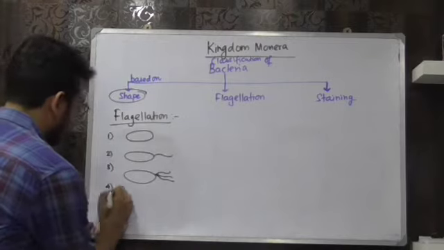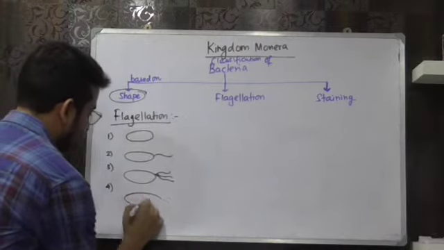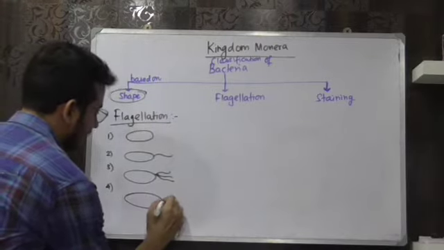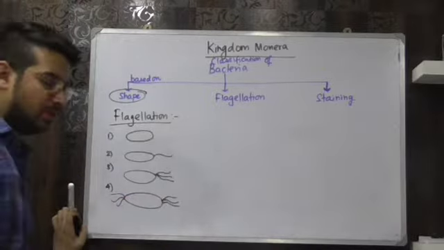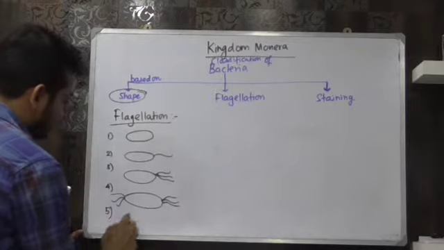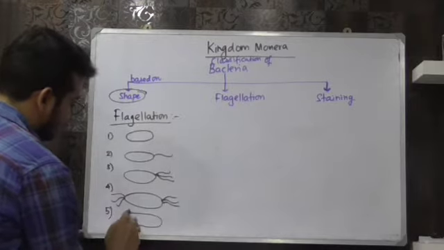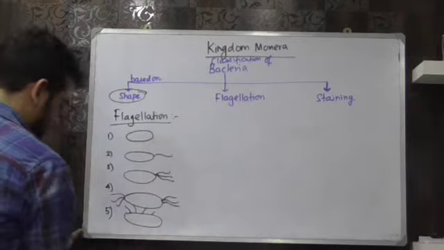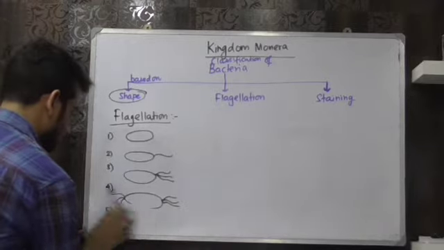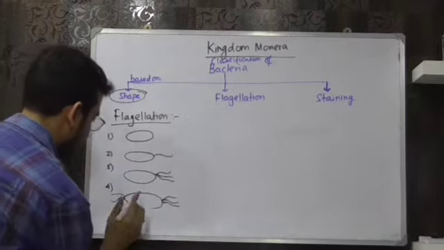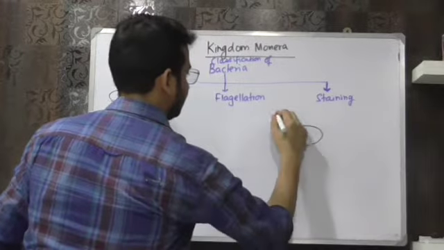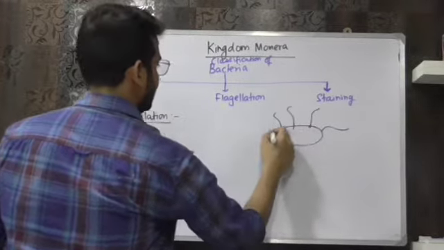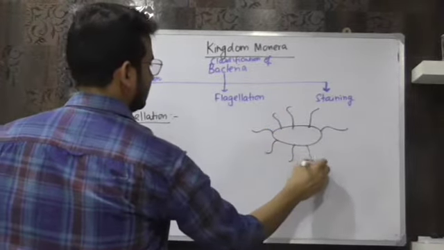The fourth one has a tuft of flagella attached at both the ends. And the last one has flagella attached throughout the body. I don't have space here, so I will draw it. It has flagella all over its body.